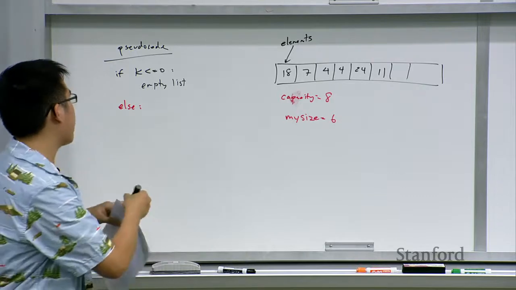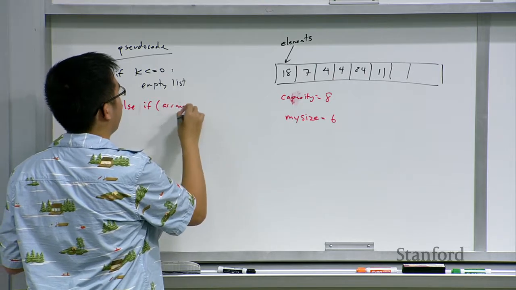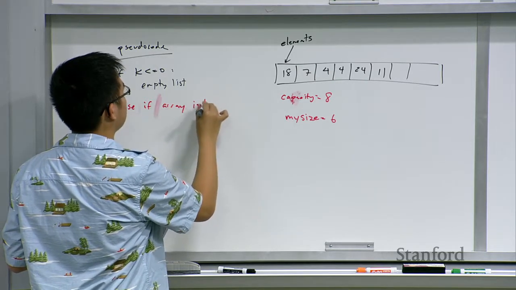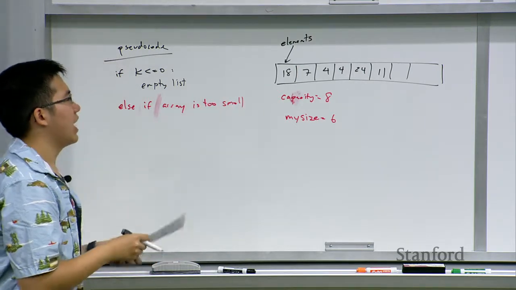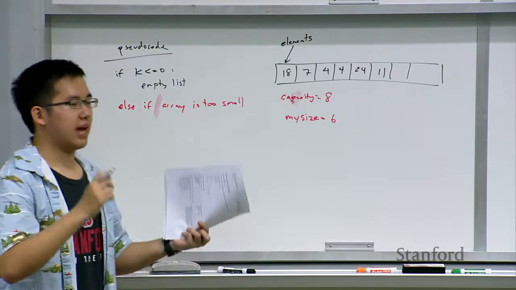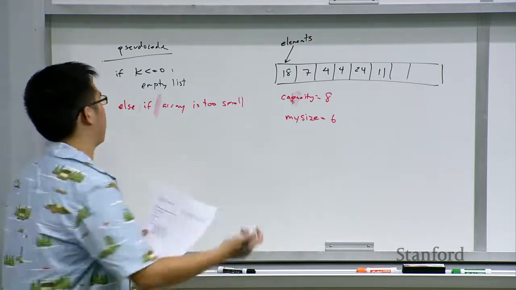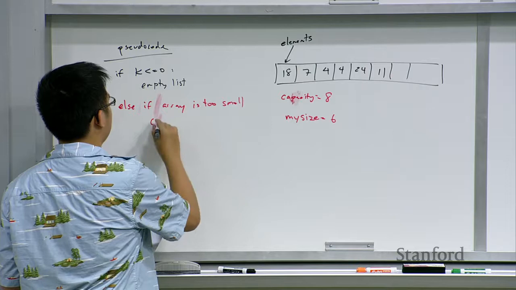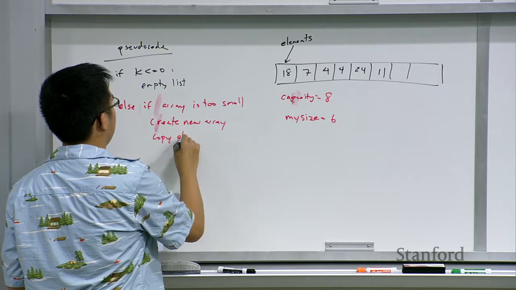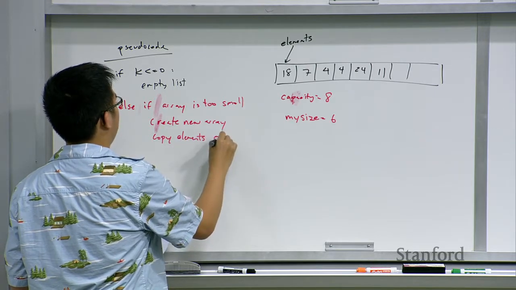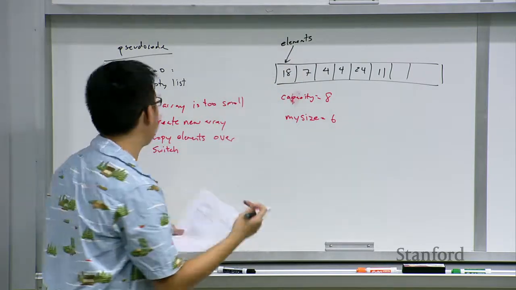So we have to figure out if we have to resize. If the array is too small for stretch, then we have to stretch the array. You can't resize an array, so the only thing you can do is create an entirely new array and copy all the elements over. So we have to create a new array, copy elements over, and then make sure you switch the pointer. We have to make sure elements is now pointing to your new stretched array.